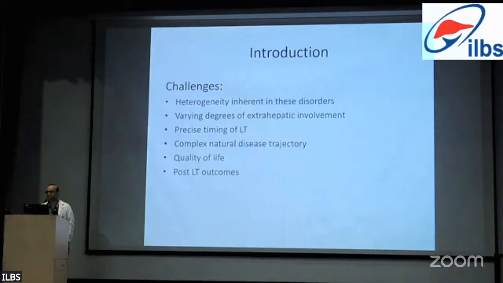And another thing is quality of life, because before transplant also, the quality of life is poor, and some people criticize that a patient of inborn error of metabolism just remains a patient because the disease is changed. And again, the need for lifelong immunosuppression and its consequences, especially when the liver is normal and there is a single enzyme defect, and obviously the post-LT outcomes.